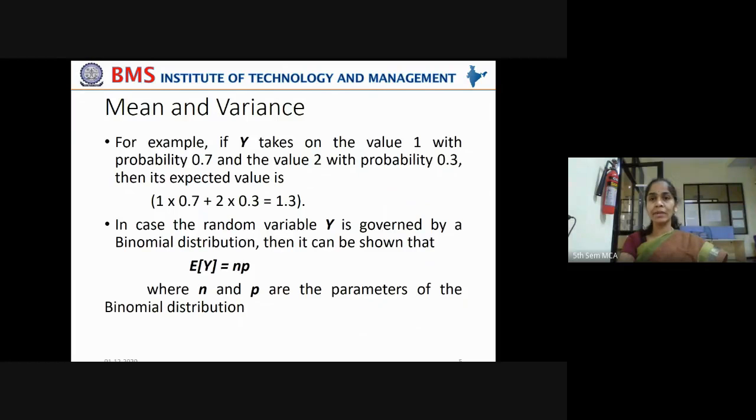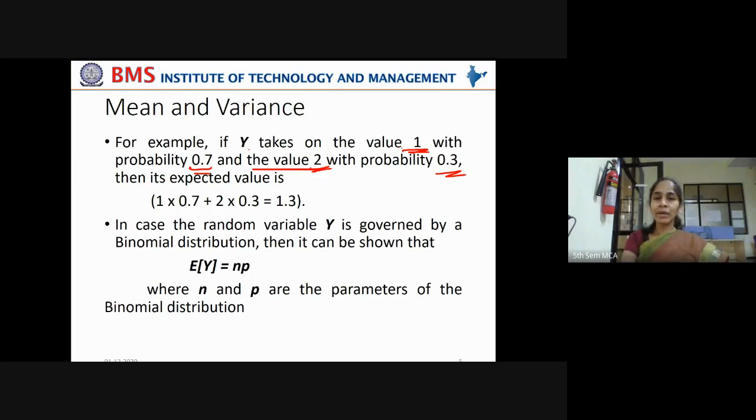Now take this example, it will be very clear for you. For example, if y, the random variable, takes on the value 1 with probability 0.7, meaning 70% of the time y will take the value 1, and the value 2 with probability 0.3, meaning when the experiment is conducted, 30% of the time y will take up the value 2.